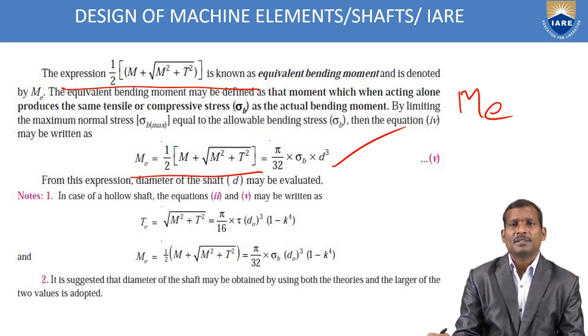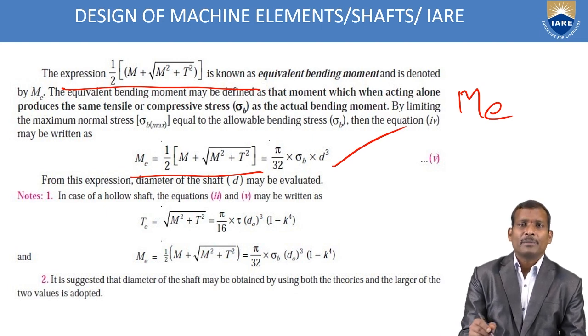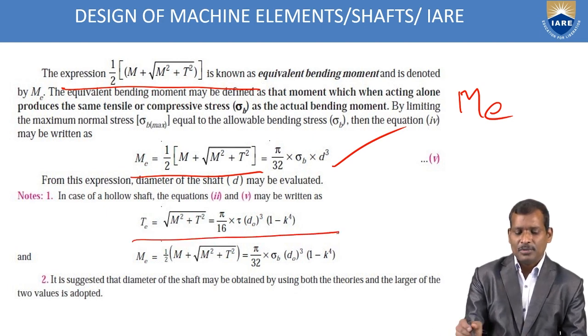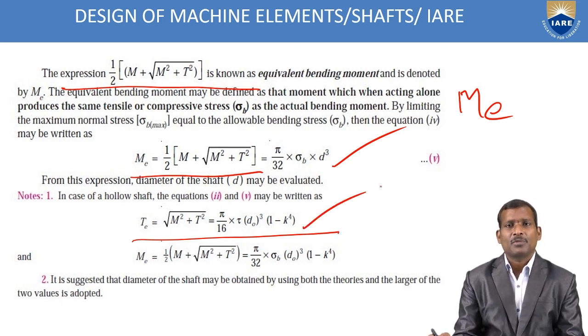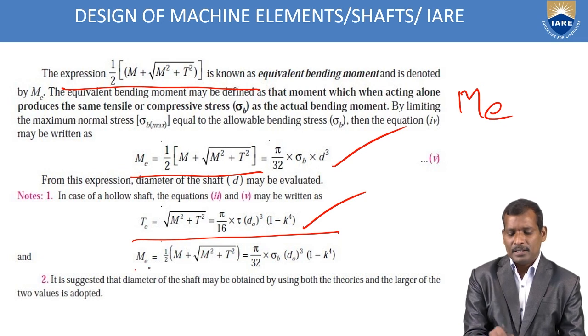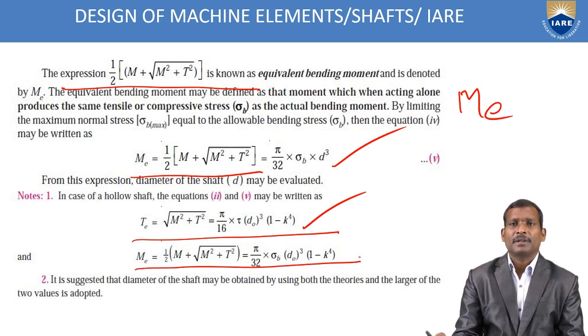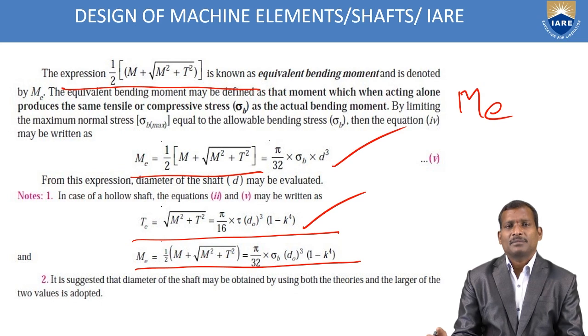This is for a solid shaft. In case of hollow shaft, the above equations may be written as Te is equal to pi by 16 into tau into d naught cube into 1 minus k to the power of 4, and Me is pi by 32 into sigma b into d naught cube into 1 minus k to the power of 4. So by using these two theories, you may determine diameter of the shaft.